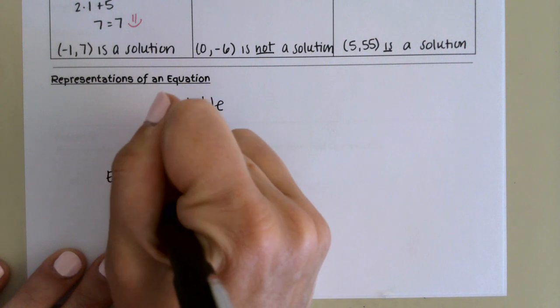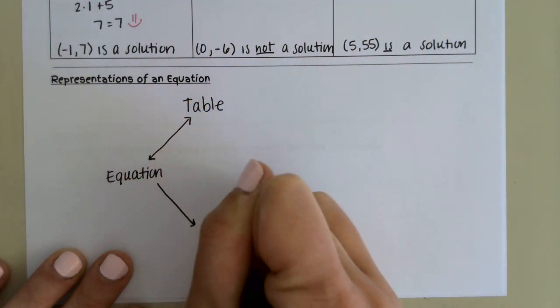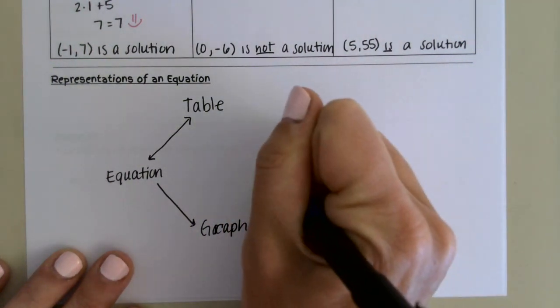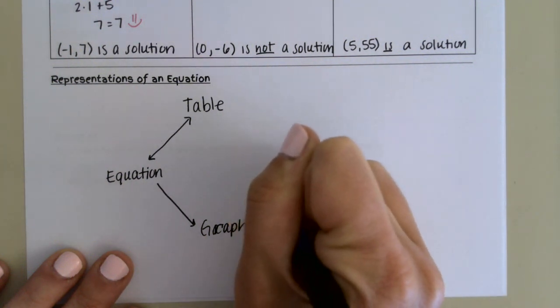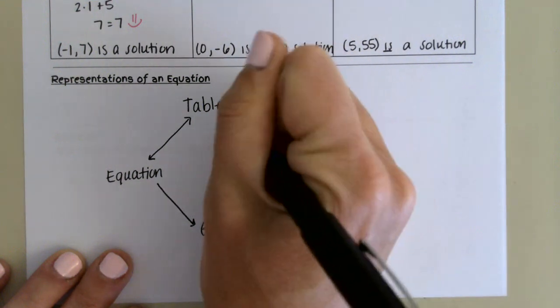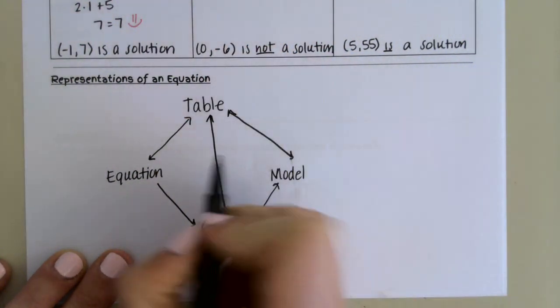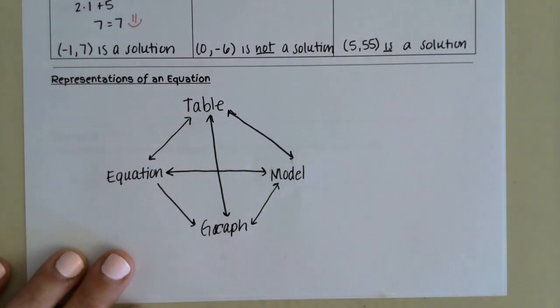You could take that equation and make it into a graph. You could even model it, such as making a word problem or a picture. And all of these methods can go back and forth. So you can move from one to the other all the way around.